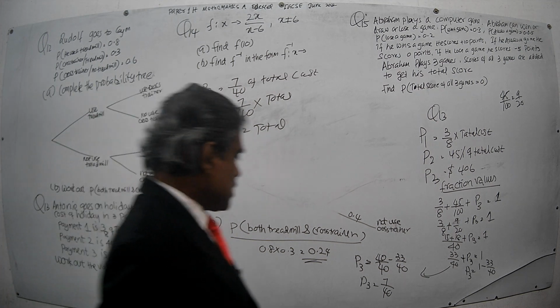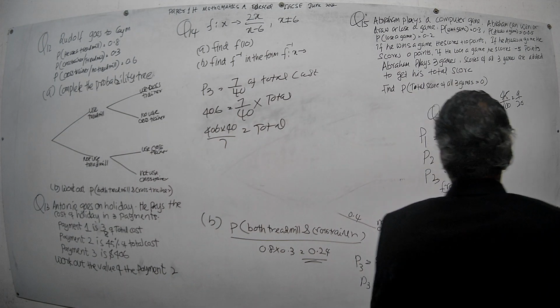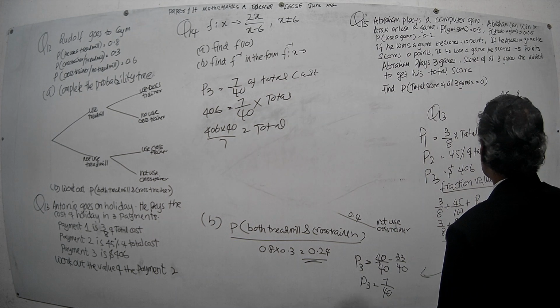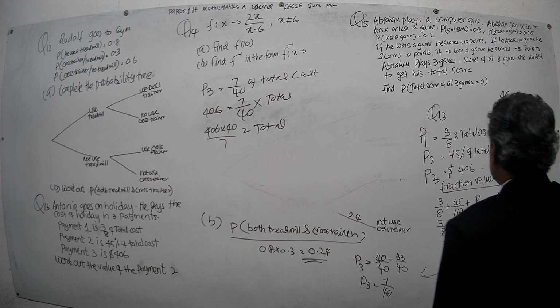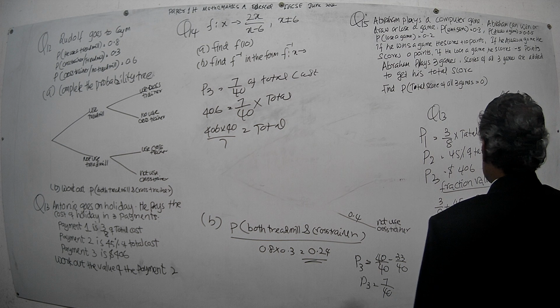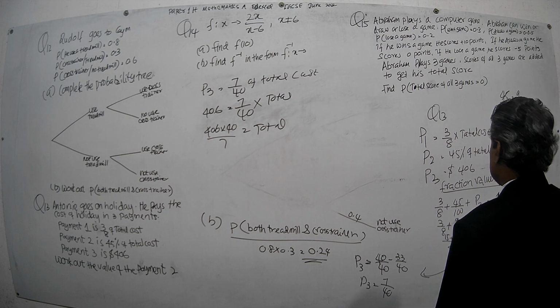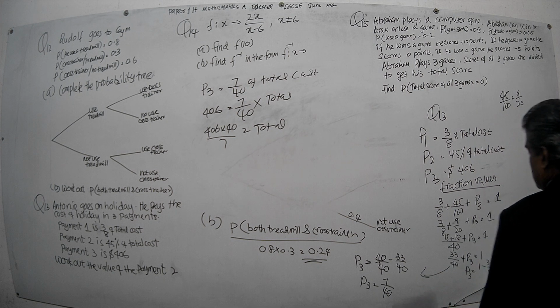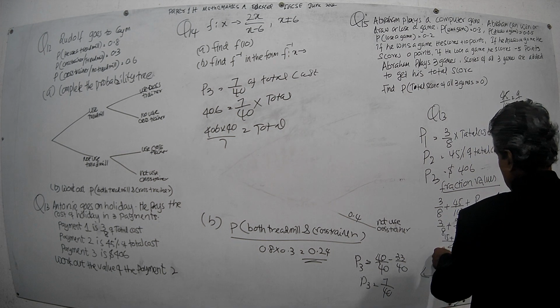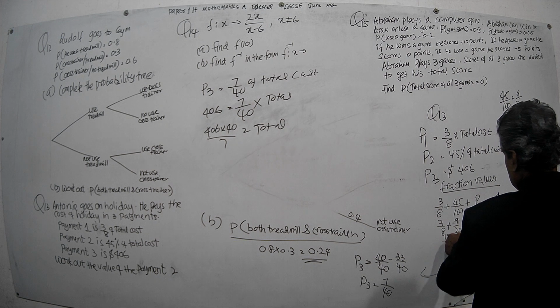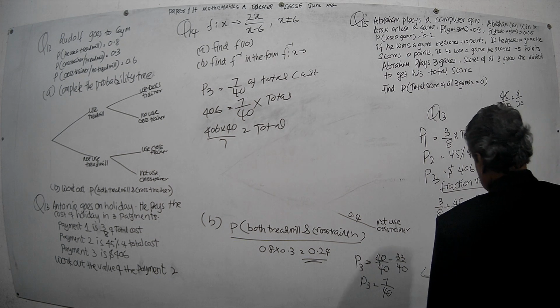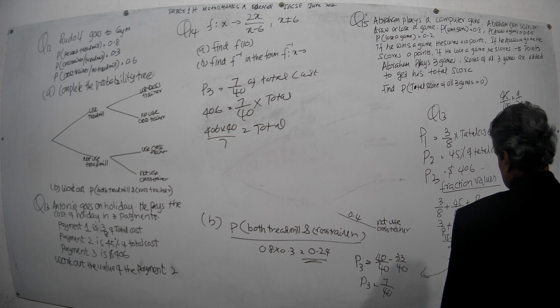See whether I made a mistake here. 45 over the total cost, 406. Then this is 5 times 9, 5 times 20. Okay. This 40. 8 times 5, 5 times 3, 15. 20 times 2, 9 times 2, 18.